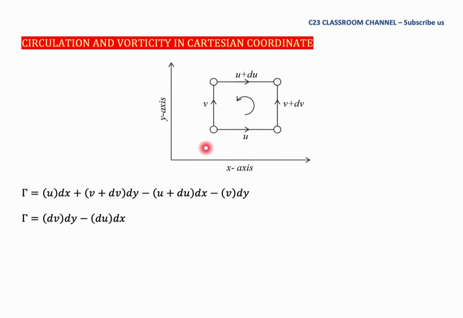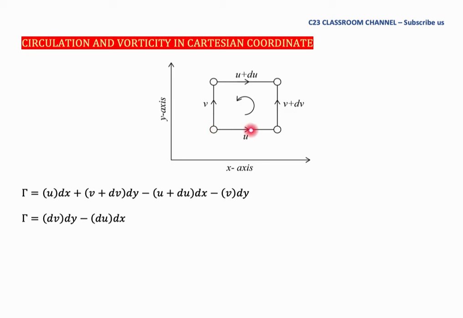So to calculate the total circulation that happened to this molecule, we calculate as first it moved from here to here. So we need to multiply the velocity u here with the distance of its travel here, which is equal to dx.